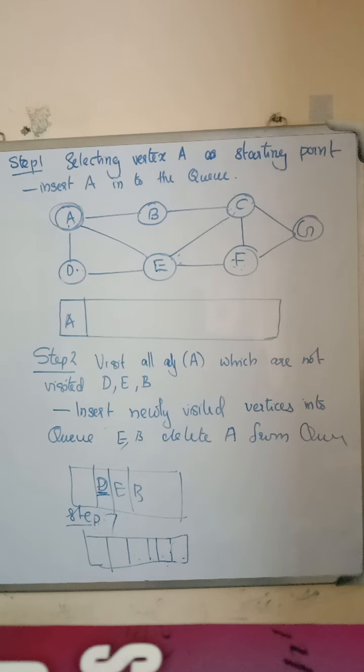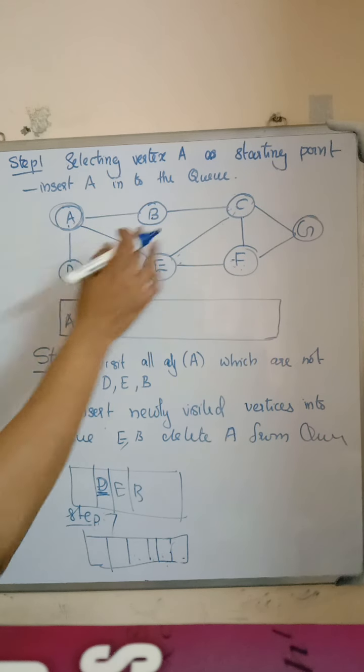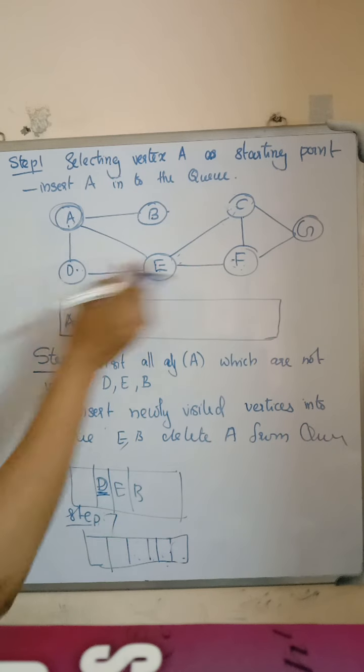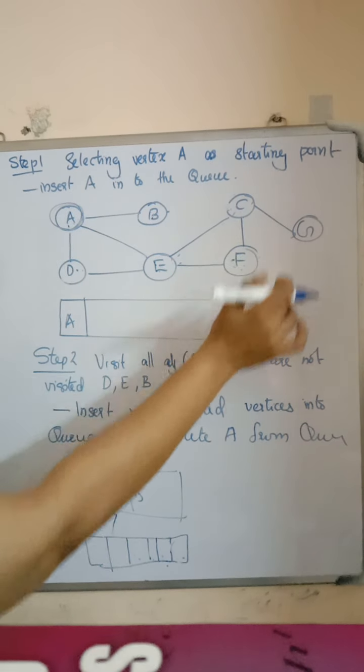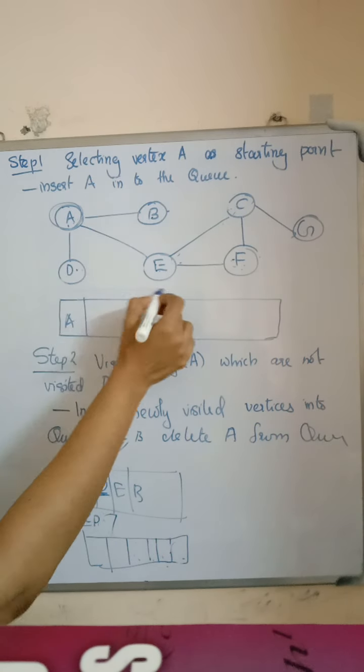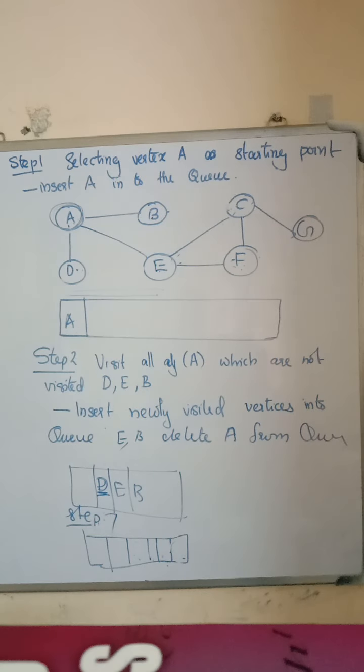In the steps, we are not using the edges B to C and F to G, and also D to E. So the final spanning tree is this.